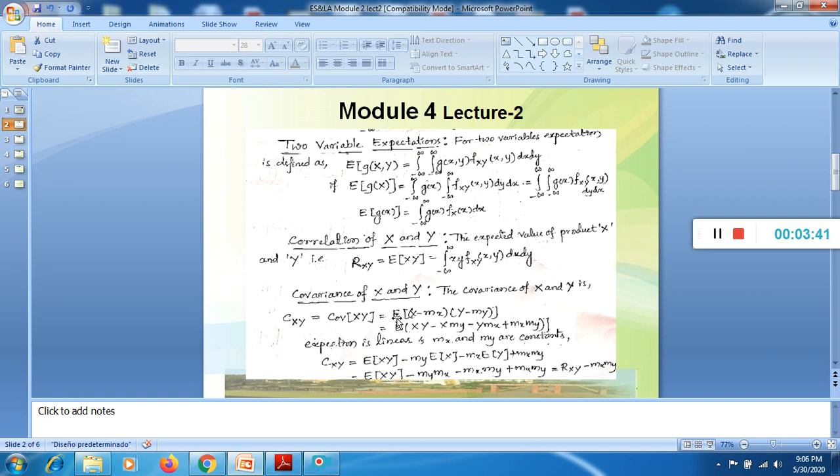Here it is E[(X minus m_X)], and since we have another variable, we write it as (Y minus m_Y). When we multiply these two, we get E[XY] minus other terms.